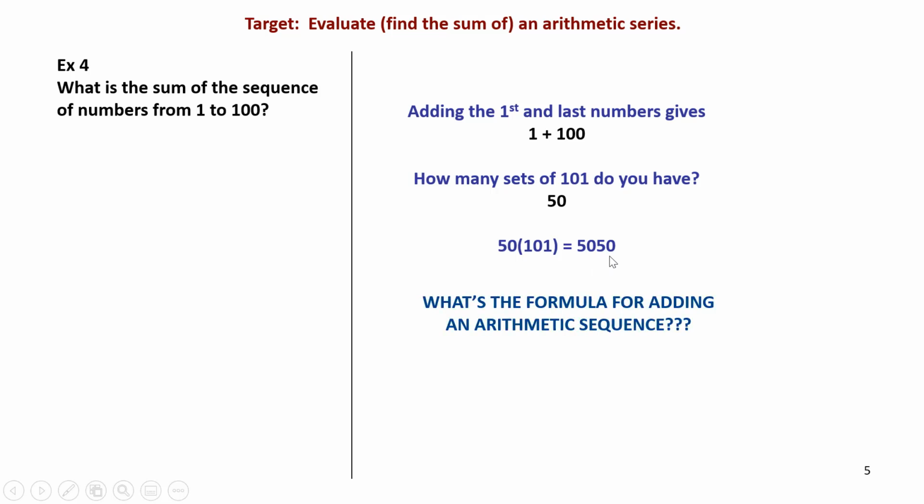All right? So what's the formula for adding an arithmetic sequence? So I want the first plus the last, and then I want to multiply it by half of the numbers that I had.